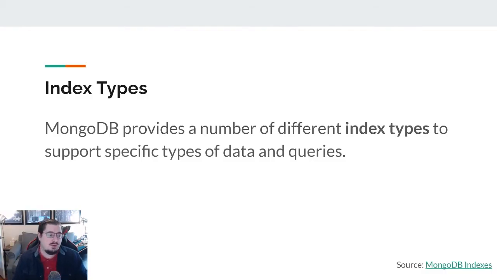So before we get to the options, we need to talk a little bit about the types of indexes that are available, because there's actually more than one kind of index. MongoDB provides a number of different types, and these types are used to support specific kinds of data and queries.